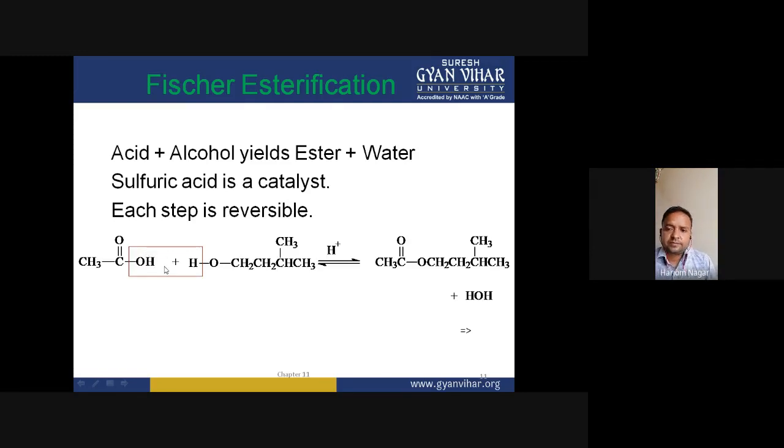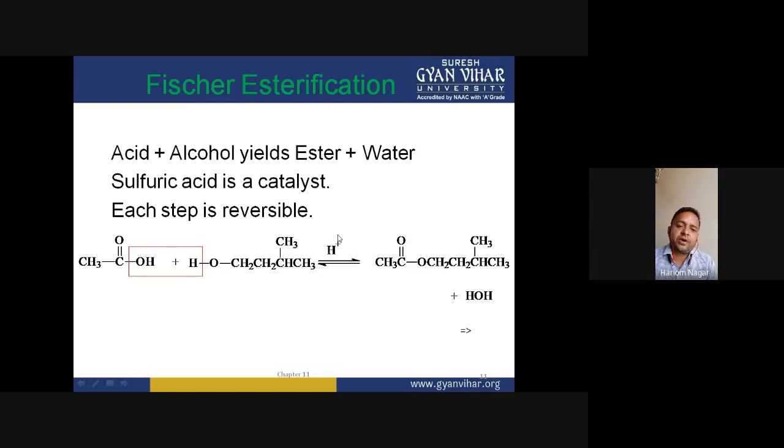In this reaction, hydrogen from the alcohol and OH from the acid are removed, forming a water molecule, and the oxygen of the alcohol is now connected with the carbonyl carbon. We can say this carbon is attacked by the alkoxide group of the alcohol after removal of the H plus ion.